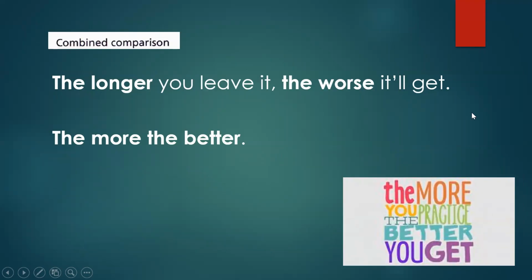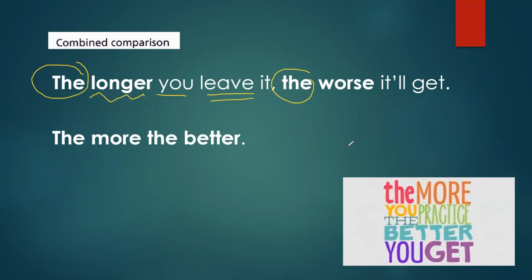My favorite construction, I don't know why, but I do like it. The comparative, combined comparison. Pay attention that we use it absolutely in the same way as we do in Russian, but instead of any linker words, we use the, here, comparative, and then we use subject, verb if we need them.